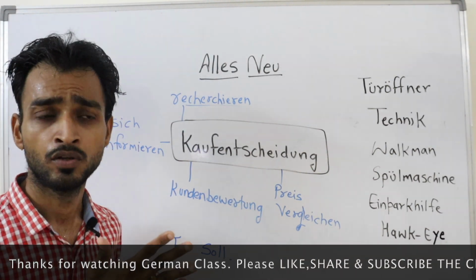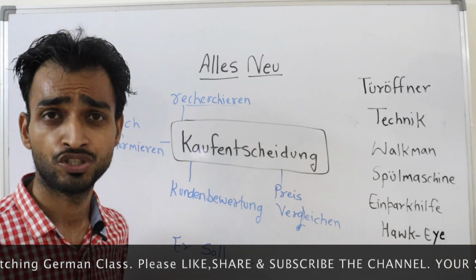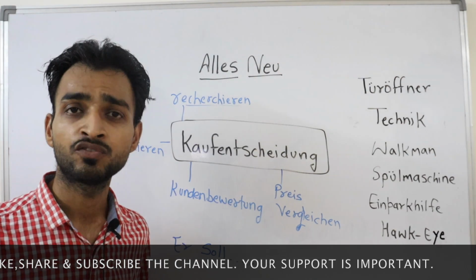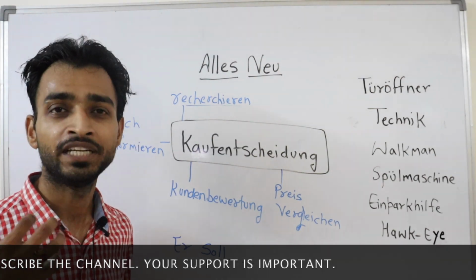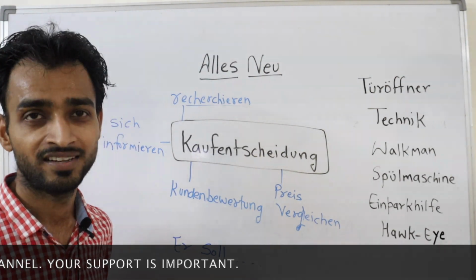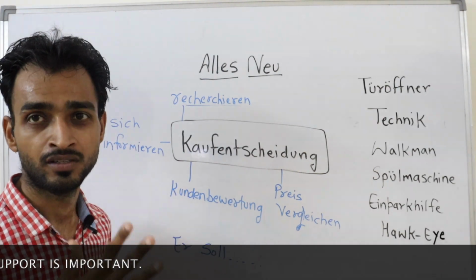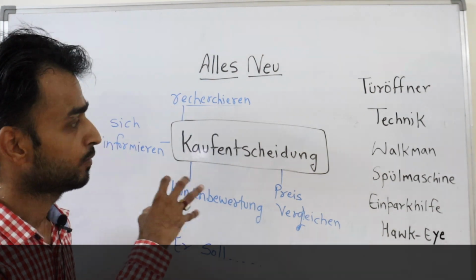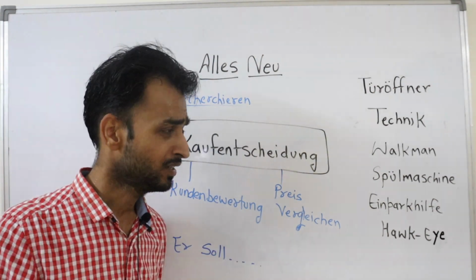Okay, this mobile is of this much cost and has this kind of features. Another mobile costs this much and has different features. So what is suitable for my need? Then I will take the decision. So Preisvergleich, we also do that. That is also an important component here. So this is all about Kaufentscheidung, and that's all in this video.